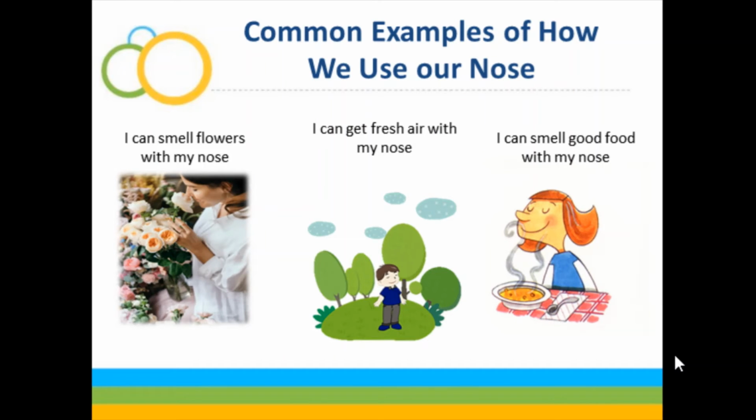Now, we cannot use our nose if the parts of our nose do not function very well. So, let's get to know what are the parts of our nose that help in determining the smell of an object or a thing.